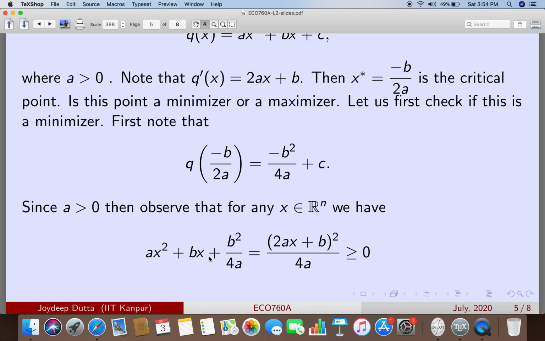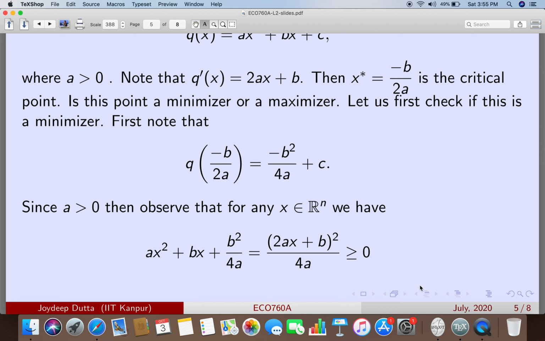So when x is not equal to x star, I can write ax square plus bx plus b square by 4a is strictly bigger than 0, or ax square plus bx is strictly bigger than minus b square by 4a, or ax square plus bx plus c is strictly bigger than minus b square by 4a plus c. This is true for all x in R which is not equal to that particular x star, minus b by 2a.